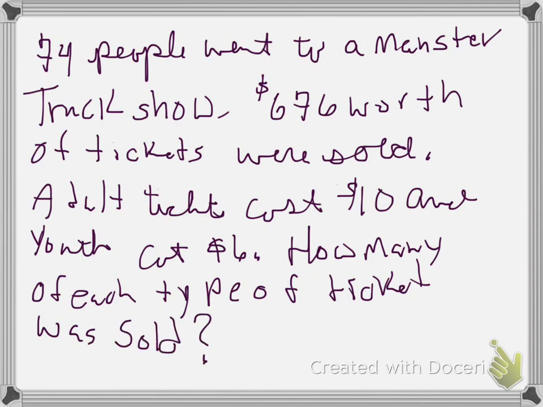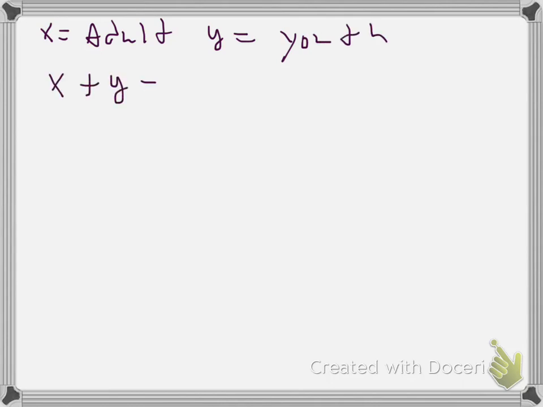Okay. Well, let's think about this. If I say I'm going to let x equal adult, y equal youth, and x plus y then would be the total number of people who went, and that was 74.